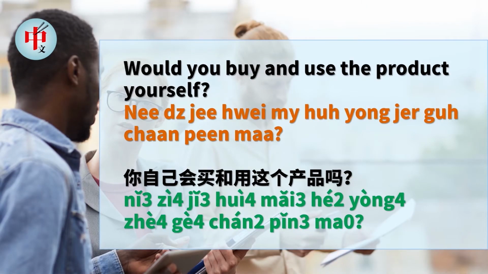Would you buy and use the product yourself? 你自己会买和用这个产品吗？你自己 yourself, 会买 will buy, 和 and, 用 use, 这个产品吗？ this product.